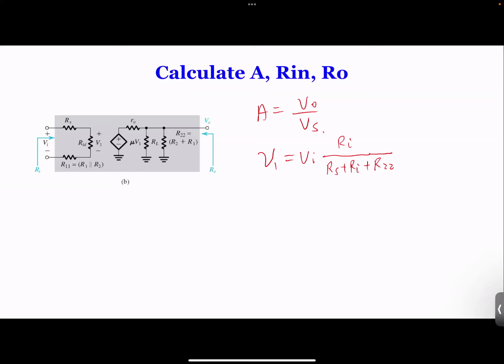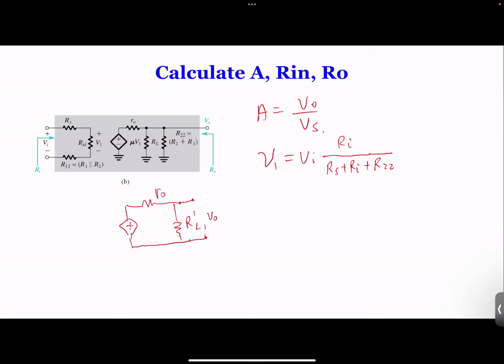Now you see, this is the voltage, and this RO, this RL, and R22, right? So these two are in parallel. I can further draw the circuit to make it a little bit easier for you to understand. So this is RO, and this is the VO, to get RL prime.